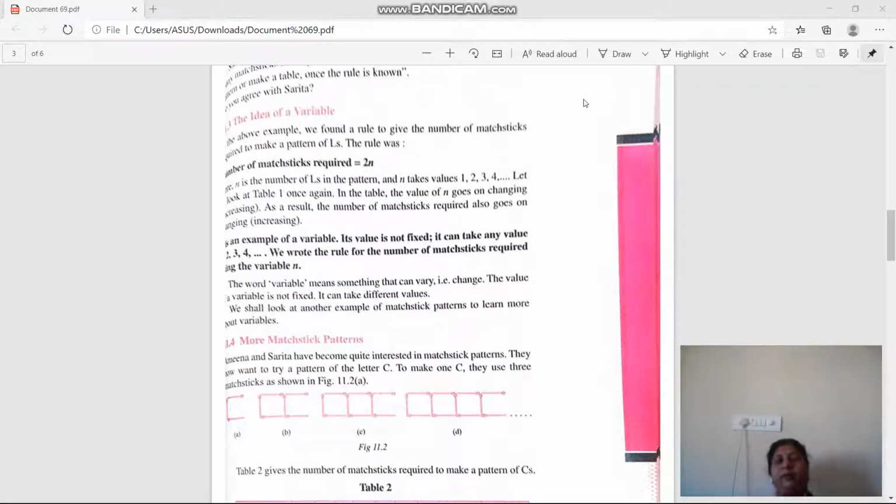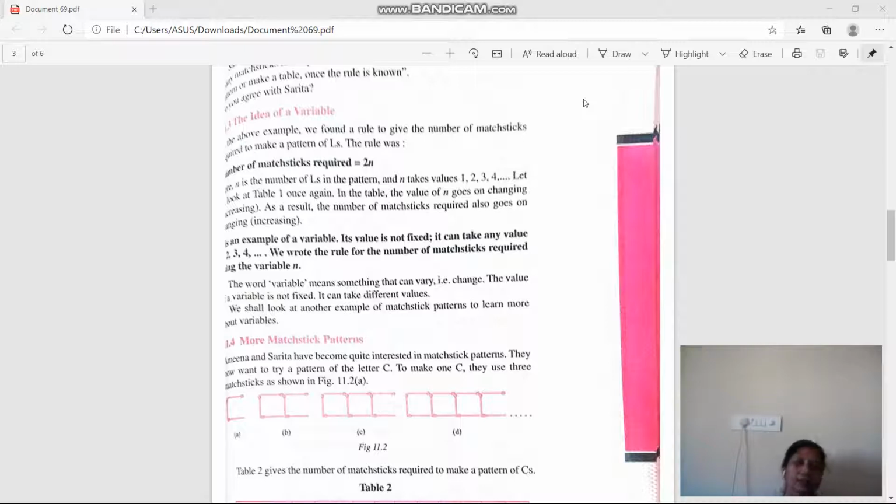I think everyone knows the meaning of vary, meaning changing, and the noun form variable. It has no fixed value. It can take any value 1, 2, 3, 4. We wrote the rule for the number of matchsticks required using the variable n. The word variable means something that can vary; the value is not fixed.